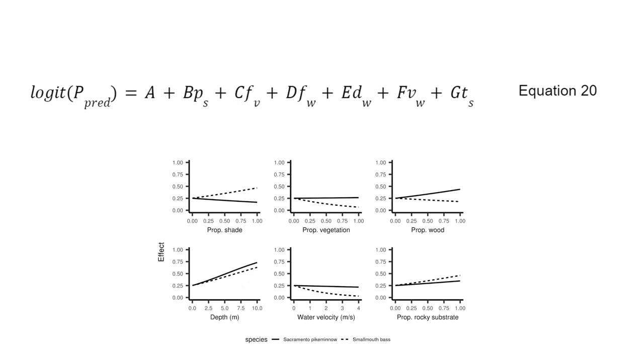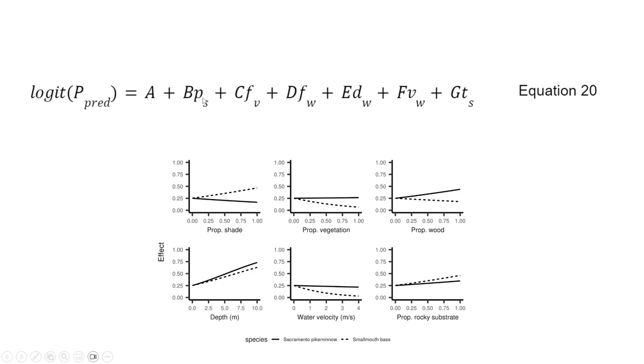A bunch of the other parameters are how they relate to the environment. So if you remember from the video that talks about the theory behind this, there was one slide which shows how predators' distribution relates to shade, vegetation, wood, depth, velocity, and if there is rocky substrate or not. And so this is what this equation looks like. It's a logit equation for predicting presence or absence.